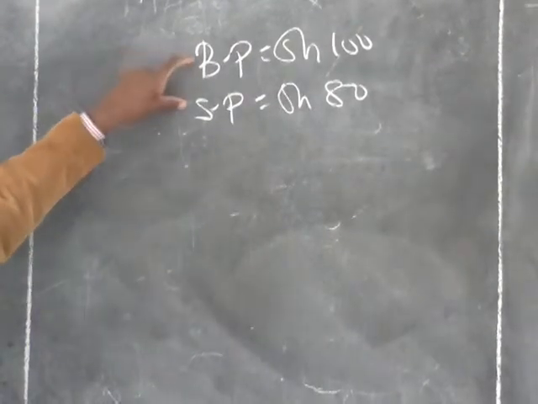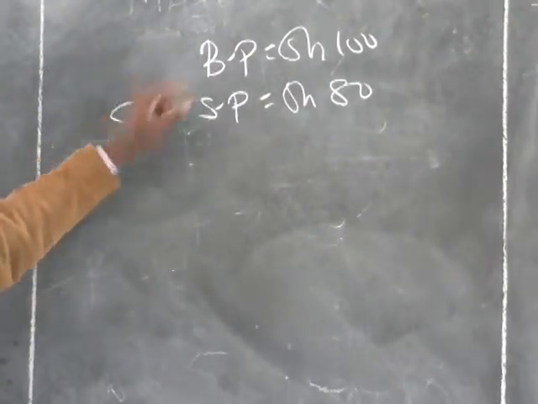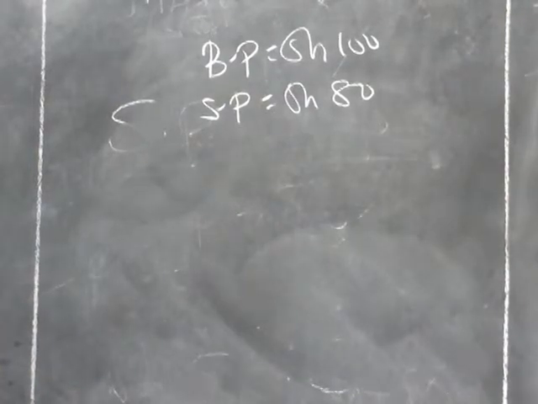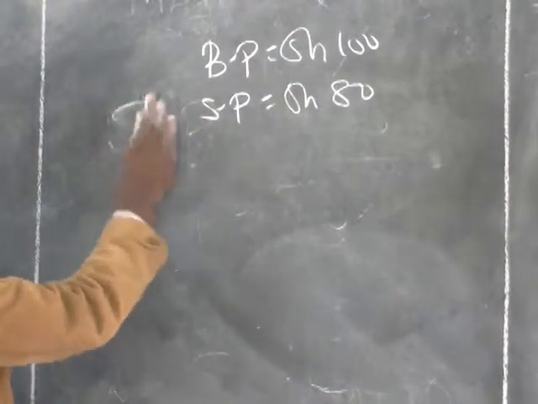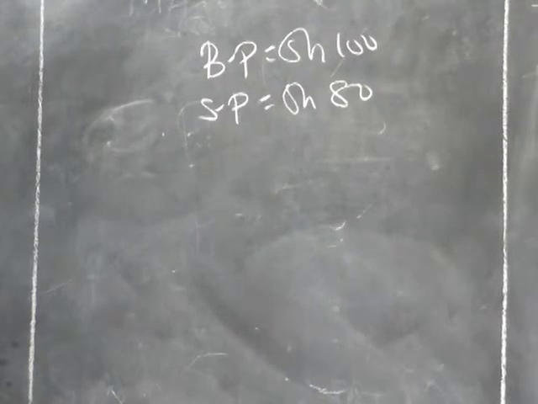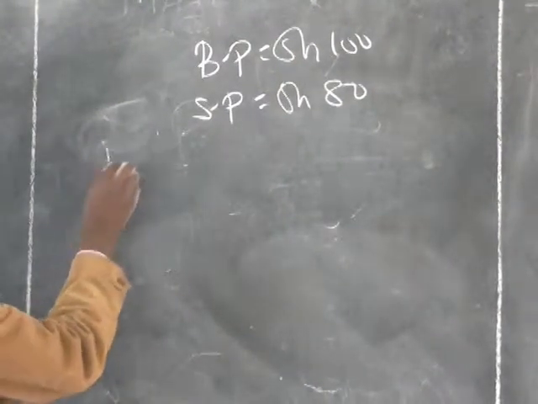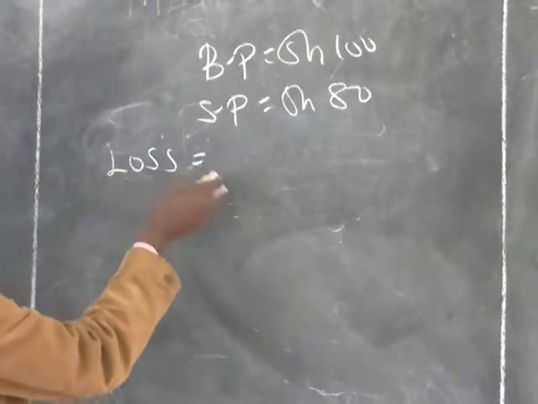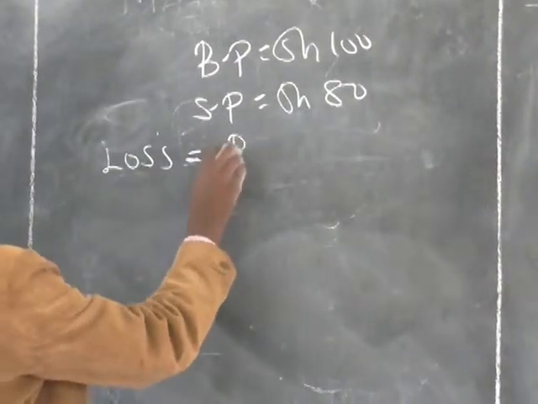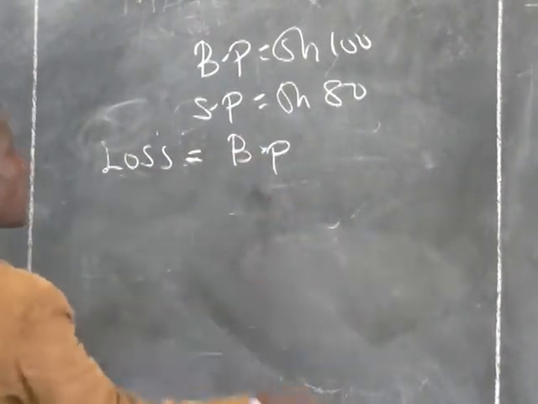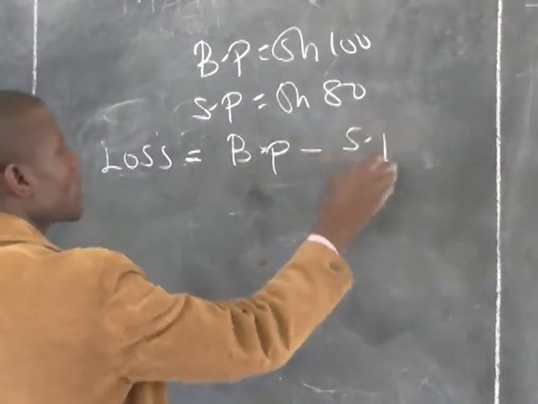Once you identify the two, then you bring in the formula. So can one of you remind me of the formula decided to be used for computing loss? Good. We said that loss is worked out by taking buying price minus the selling price.